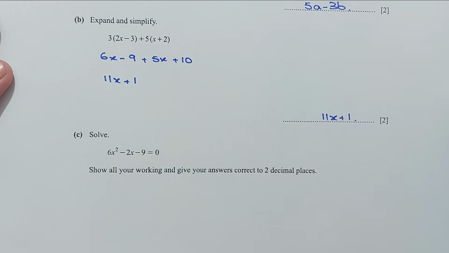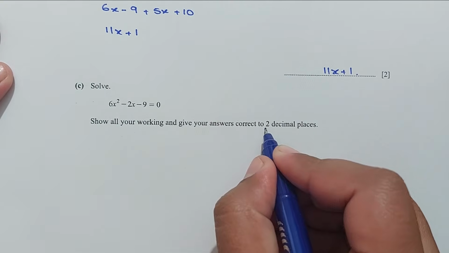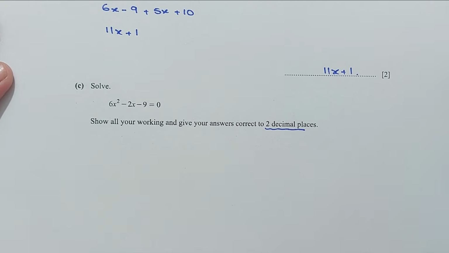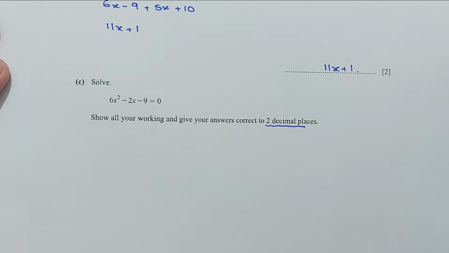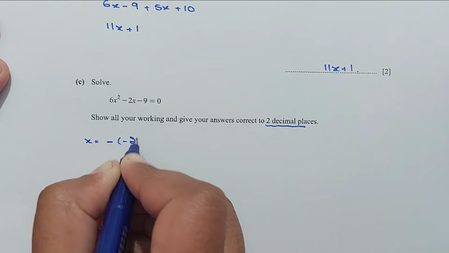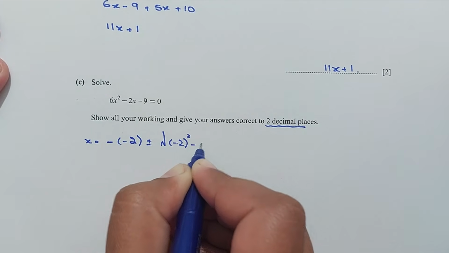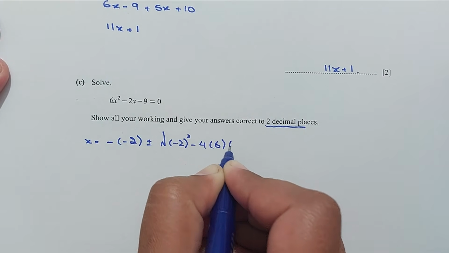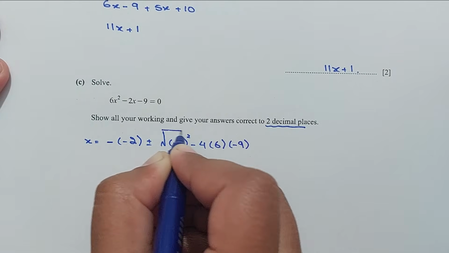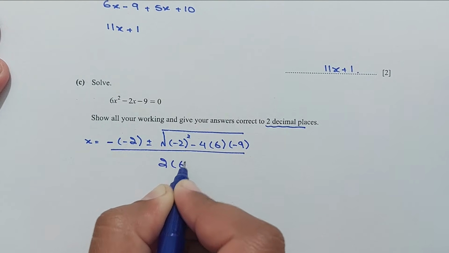Right. Now for part C, we have to solve this equation, show all your working and give your answer correct to 2 decimal places. So we have to use the quadratic formula over here. x equals negative b plus or minus the square root of b squared minus 4 times a times c, divided by 2 times a.